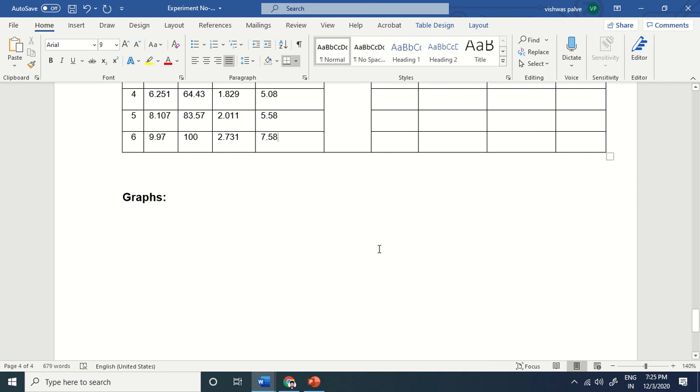For plotting the graph, you can do this in Excel, or you can plot a graph on plain graph paper. While plotting the graph, the x-axis will represent the brake power and the y-axis will represent fuel consumption.